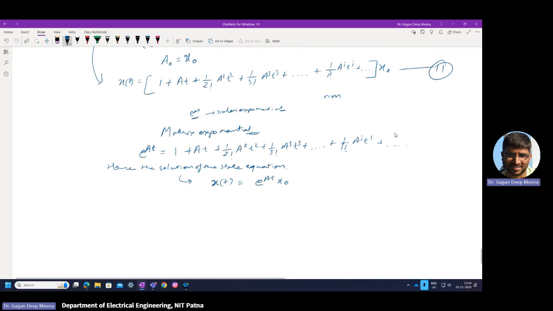Okay, so this is your state equation solution.